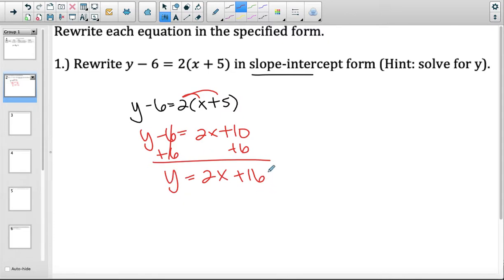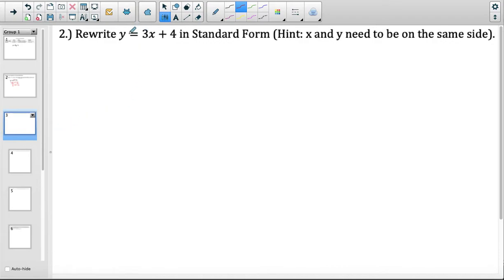That's in slope-intercept form. On example number 2, it says to rewrite this equation in standard form. And again, standard form is when x and y are on the same side, the left side, all by themselves. So I have this equation again. This is what you're writing down on your paper. Y equals 3x plus 4.